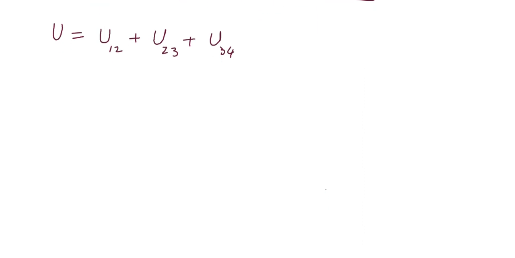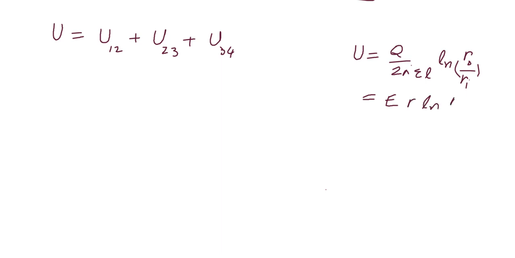We also know the relationship between the voltage and the electric field: U is equal to Q over 2 pi epsilon L and ln of Rho over Ri. That was our expression. This can also be written in terms of electric field, that is E R ln of Rho over Ri.